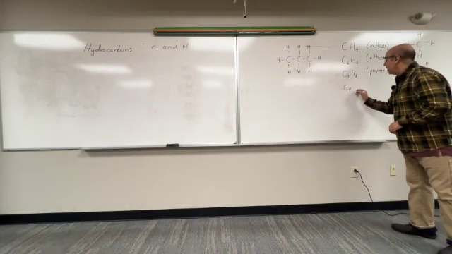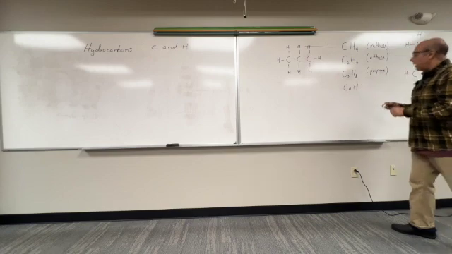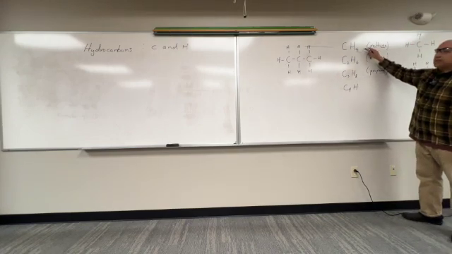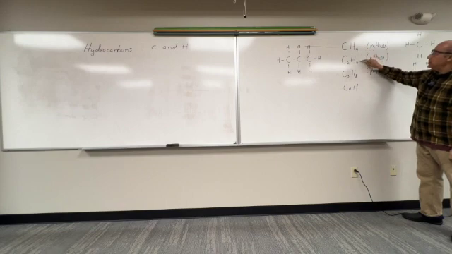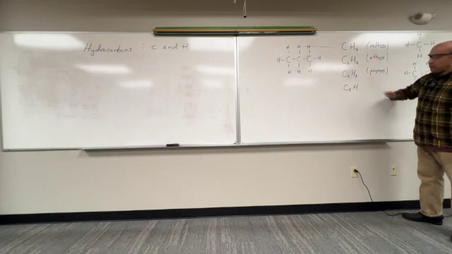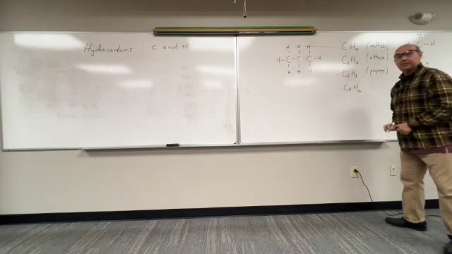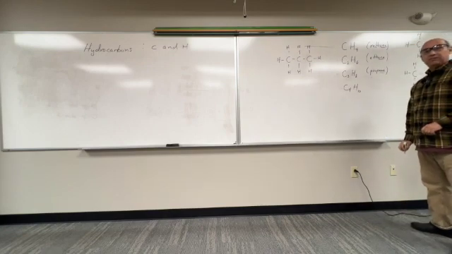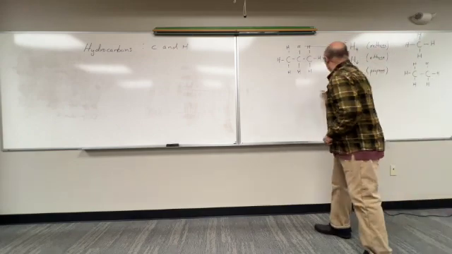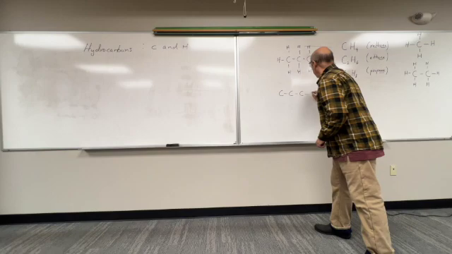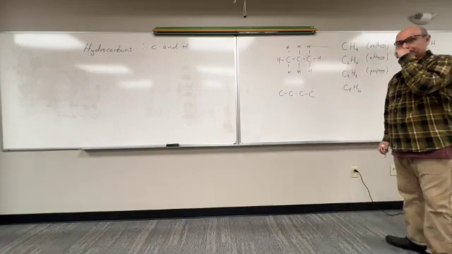C4. Now, I'm going to put the H here, and look at the pattern of the hydrogens. We went from 4 to 6, from 6 to 8, and you got it. It's going to be H10. And if we draw it, you're going to see that that is in fact correct. 4 carbons, 1, 2, 3, 4, right?